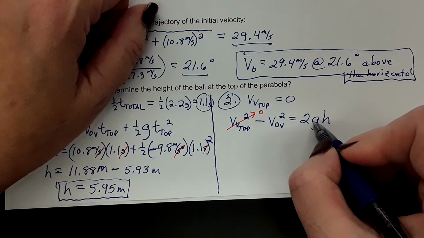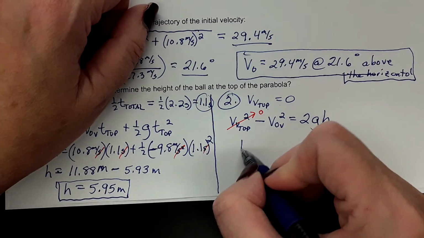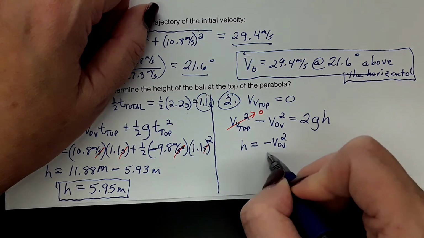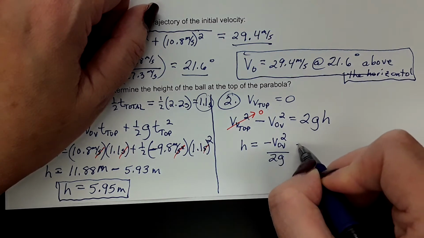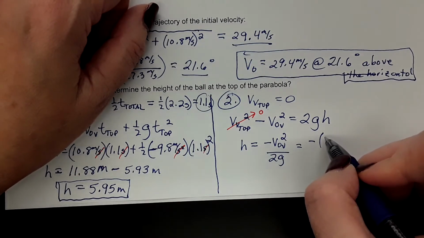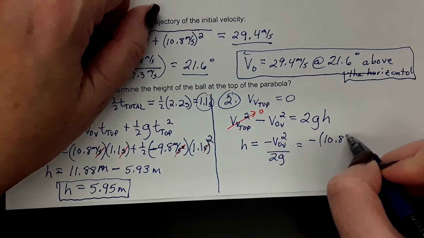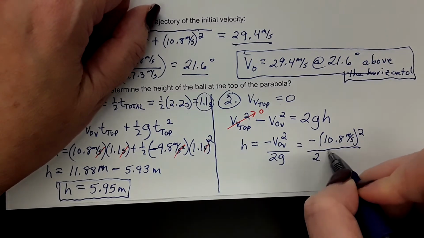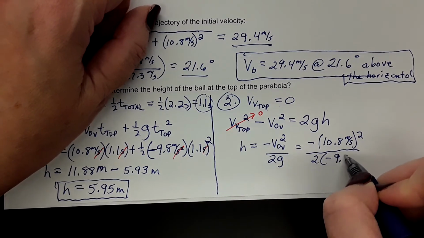So if we divide the 2g over, we get h equals negative v sub o v squared over 2g. So that's going to be negative, what was the vertical? Oh yeah, 10.8 meters per second. Don't forget to square the 10.8 over 2 times negative 9.8.